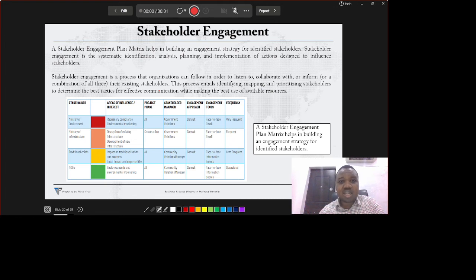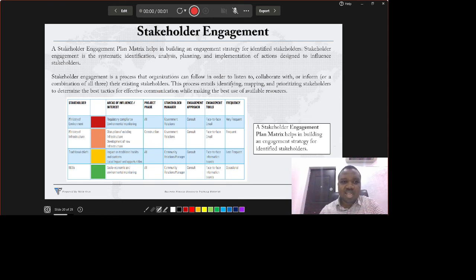For this lesson, the last thing we'll be talking about is stakeholder engagement. And in bringing this home, we'll be using the stakeholder engagement matrix. This helps us identify and build appropriate engagement approaches, tools, and communication plans with these stakeholders.